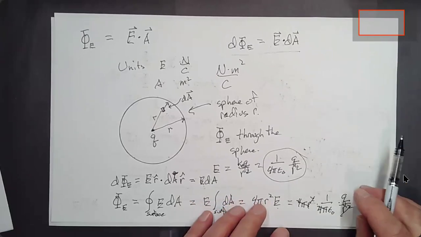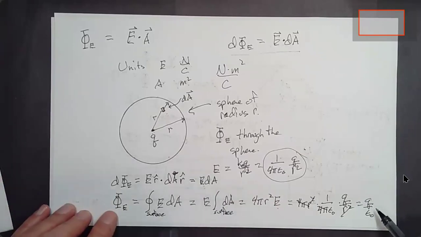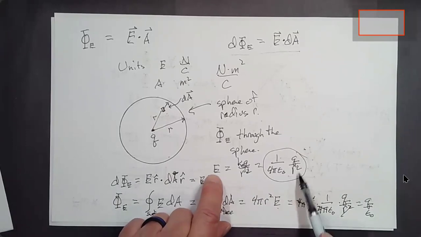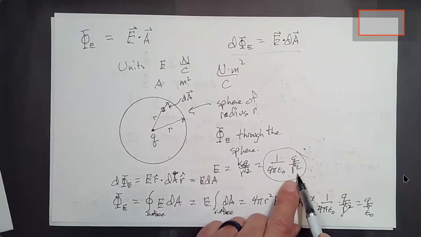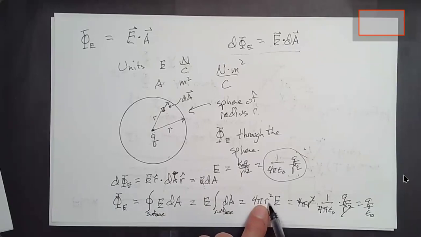So that's actually pretty powerful. Now, here's the reason it's independent of the radius. The electric field strength gets weaker with the square of the distance. It's got a 1 over r². The area gets bigger by the exact same factor of r². And so they divide out.